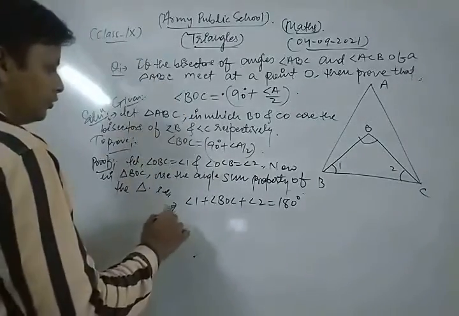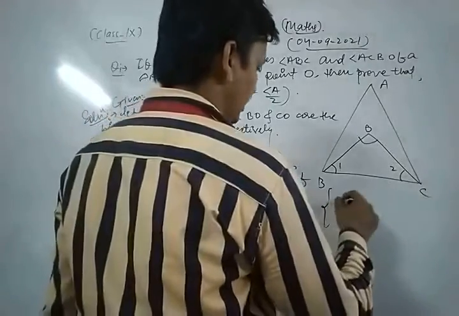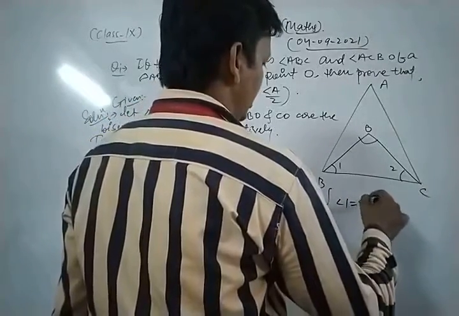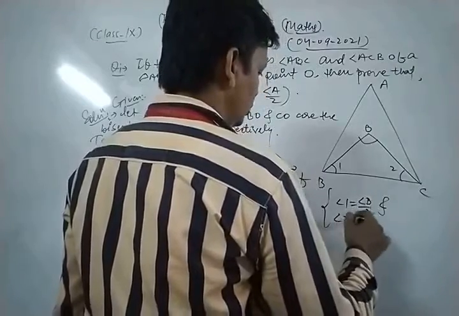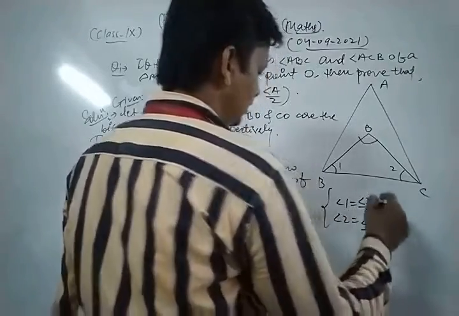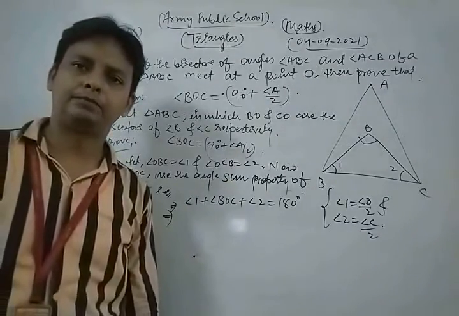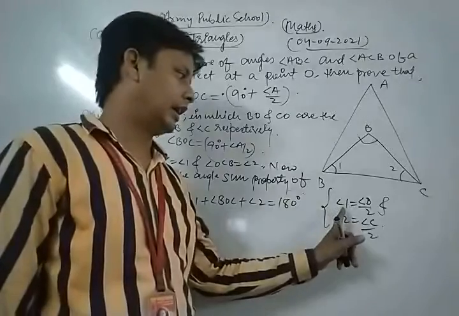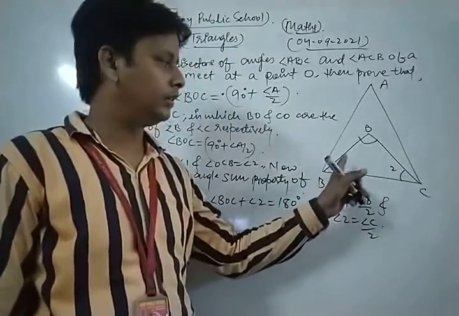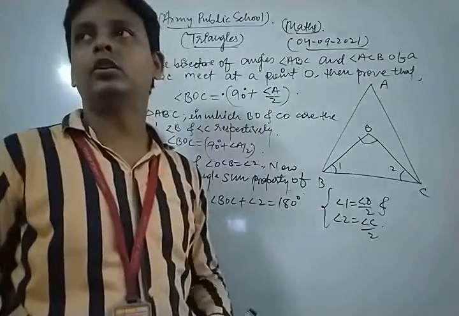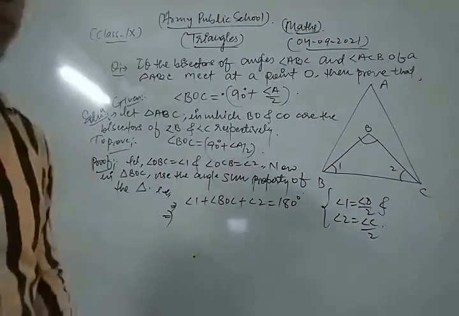Okay, so now from the figure it is clear that angle 1 we can write as half of angle B and angle 2 is equal to half of angle C, because BO and CO are the bisectors of angle B and angle C respectively.